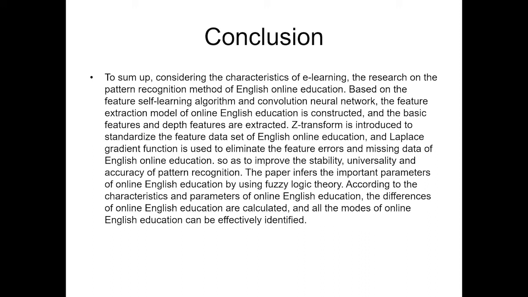This paper infers the important parameters of online English education by using fossil logic theory. According to the characteristics and parameters of online English education, the differences of online English education are calculated, and all the modes of online English education can be effectively identified.